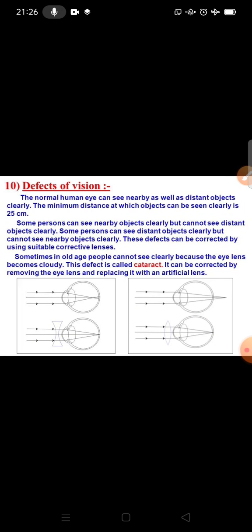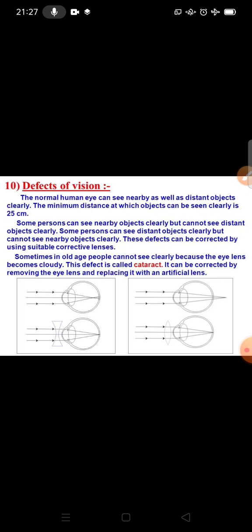Some persons can see nearby objects clearly, but they cannot see distant objects. Some persons can see distant objects clearly but cannot see nearby objects. These defects are corrected by suitable corrective lenses. Sometimes in old age people cannot see clearly because the eye lens becomes cloudy, and that is called cataract.